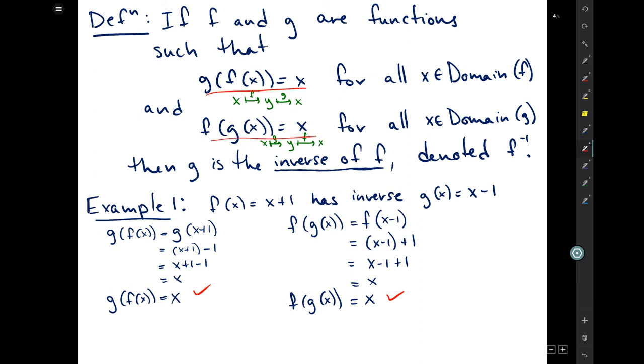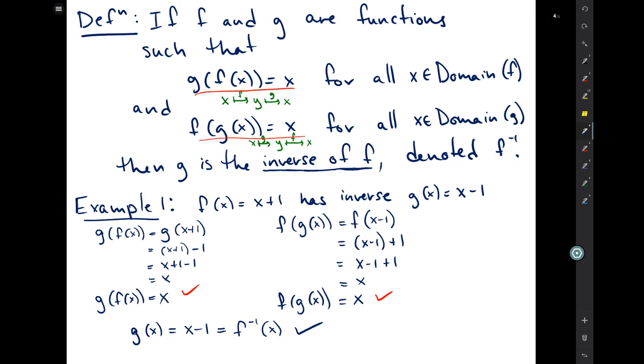And this is a nice easy example because you can see, yeah, adding 1 and subtracting 1, they undo each other. So we are justified when we say that g of x equals x minus 1 is f inverse of x. So there's two different parts of this. There's figuring out what the formula is for g of x, and then there's also showing that that actually is the inverse.